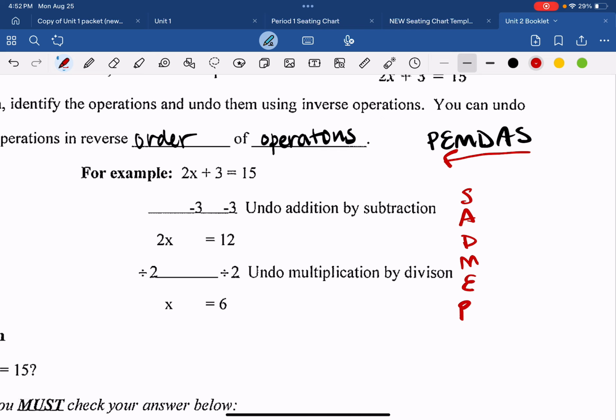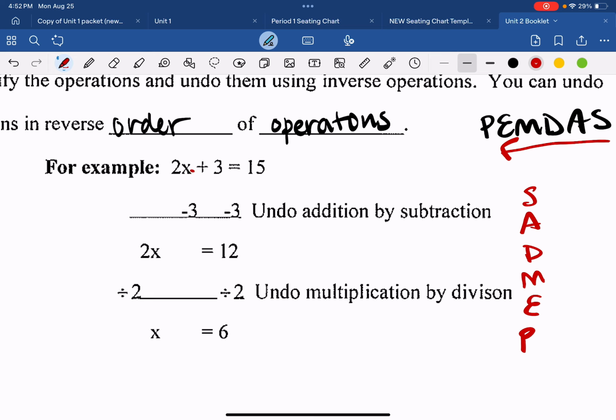Okay? Another way to think about it is if you imagine practicing archery, for example. Let's say you're shooting a bow and arrow. You're trying to hit a target, right? So if I use this for example, the target is whatever term has my variable in it. So there's my 2x. That's my term that has the variable.